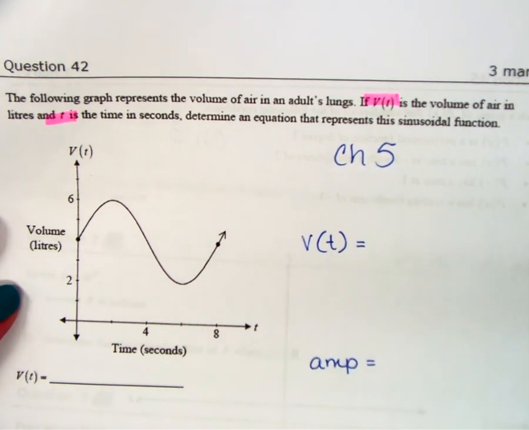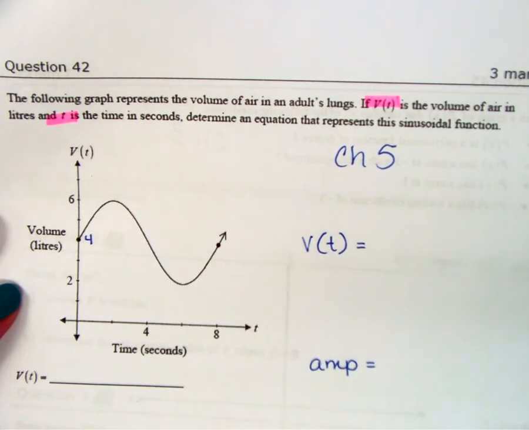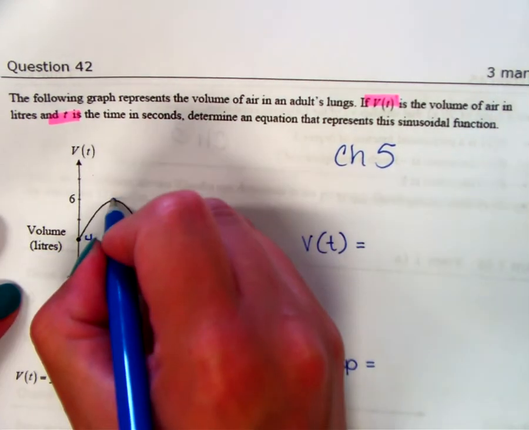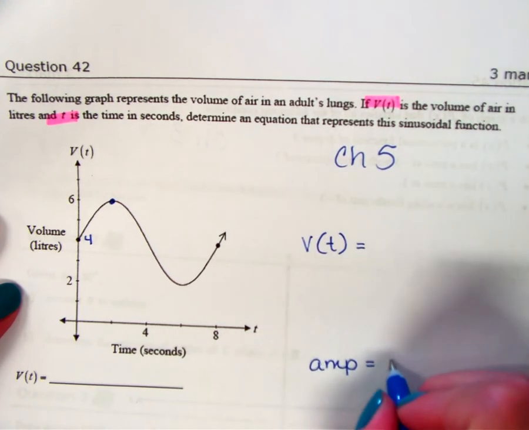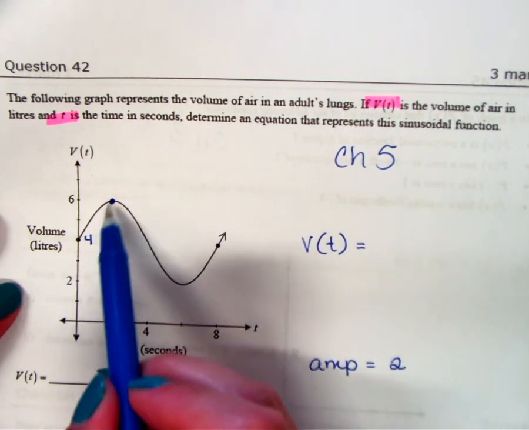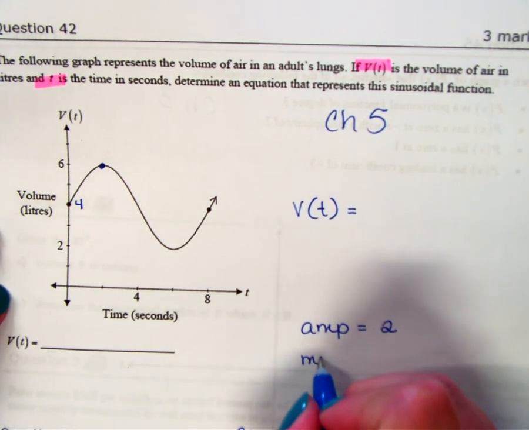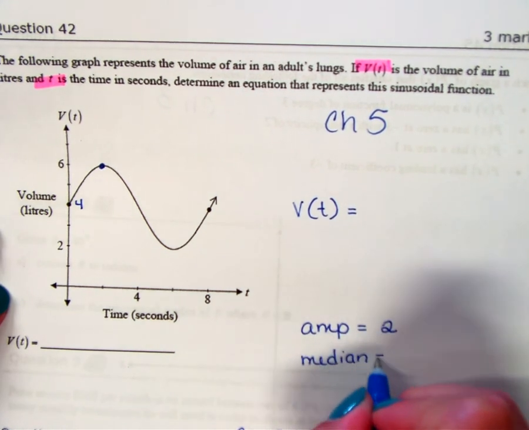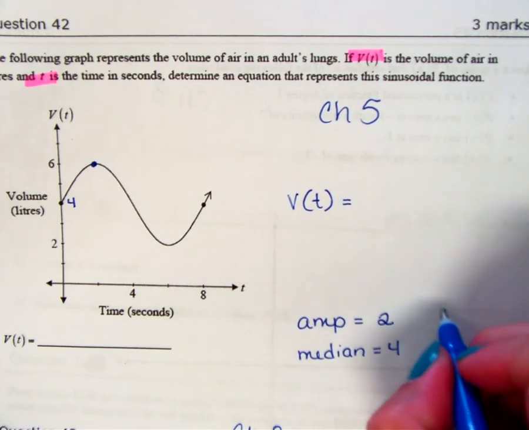How'd you figure that out? Okay, so that's 4, right? And your max occurs at 6. So amplitude is 2, because that's the difference between 4 and 6. What is our median? 4.